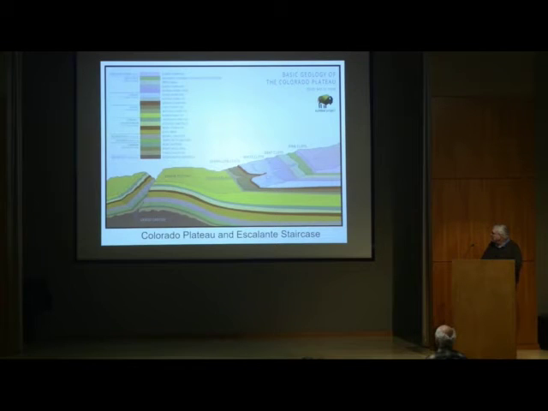The Grand Canyon is part of the Colorado Plateau, which is connected to the Escalante Staircase. And if you've been out there, you know the spectacular scenery in Bryce and Zion and all of that pretty white limestone. That's all part of this Escalante Formation. But the Colorado Plateau is being uplifted.